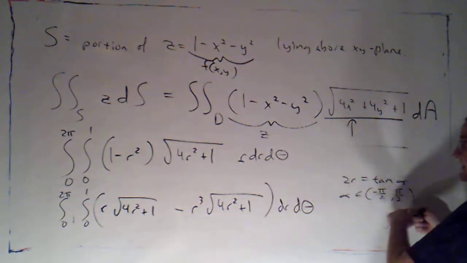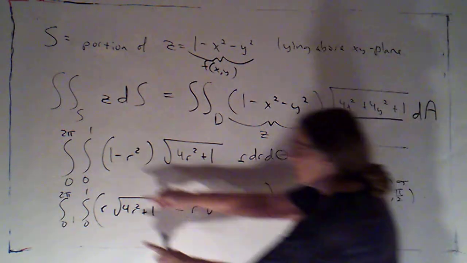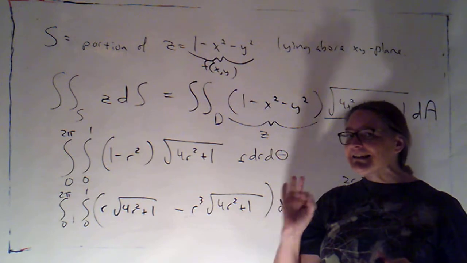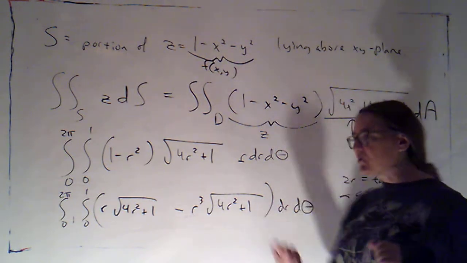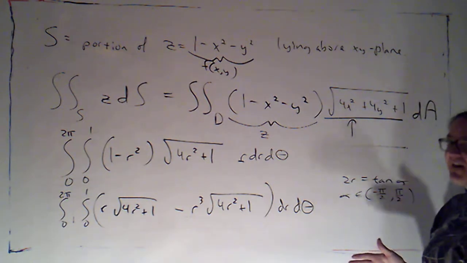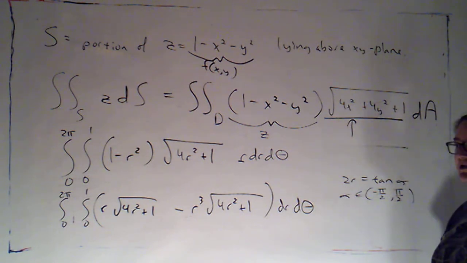So you could either say this is the general thing that I'm doing for any trig substitution involving tangent, or you can find the specific limits of integration here. That is necessary because at some point you're going to be taking the square root of a trig function squared, and that's going to be the absolute value of the trig function. And if you don't know what interval of angles you're working with, you won't know whether you can drop the absolute value or not. Okay?